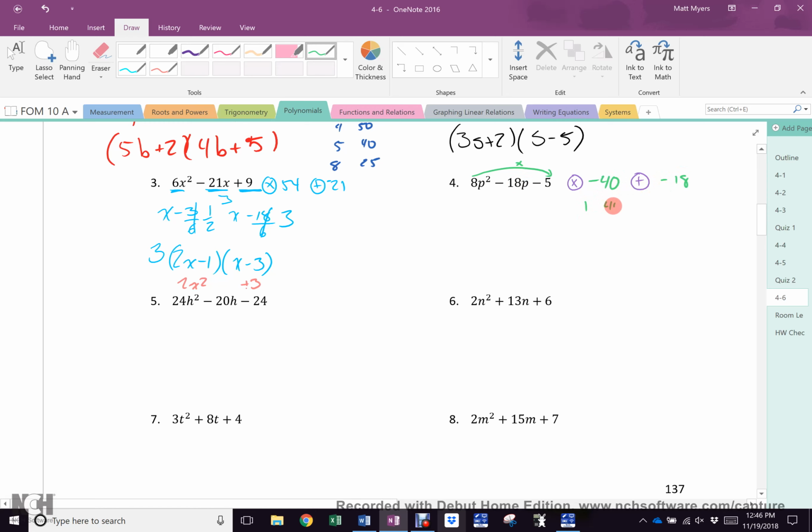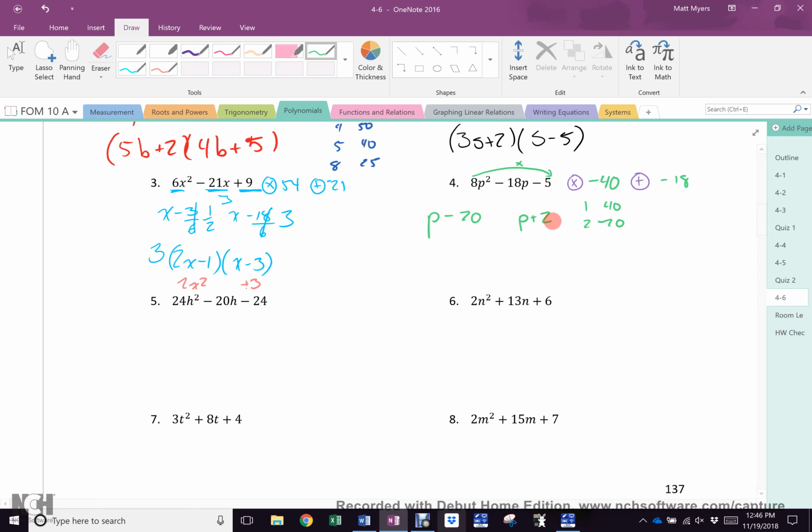Will 1 and 40 get me to 18? No. Will 2 and 20? How? 2 minus 20 is -18. So I know my numbers have to be p minus 20 and p plus 2. But they are not really 20 and 2.